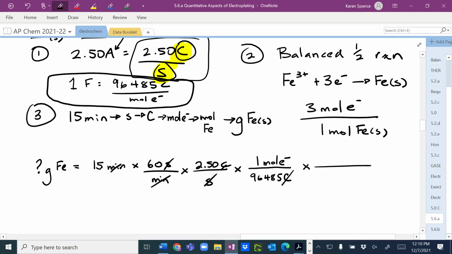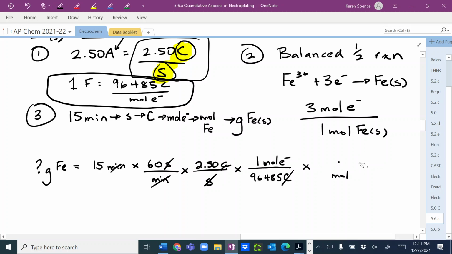And then the molar mass of iron is what? 55? Grams per mole. Did I skip a step?